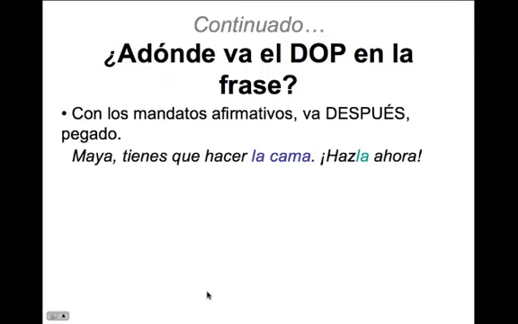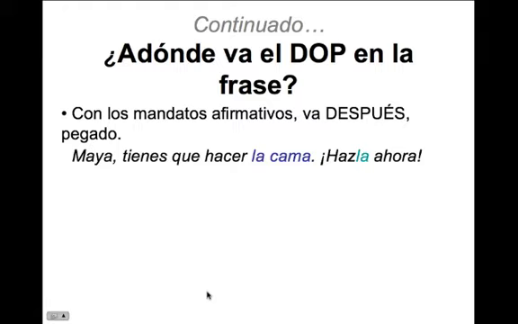We also want to know where we put them when we're using mandatos. So with mandatos afirmativos, it goes after the verb and attached to it, pegado. So in this sentence, maybe mom or dad says, "Maya, tienes que hacer la cama. Hazla ahora." You have to make your bed. Make it now.